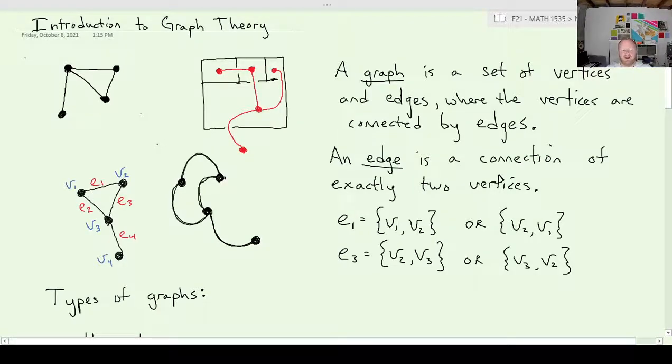So if I look at this graph here, V1 would have a valence of 2 because we've got edge 1 and edge 2 coming out of it. Vertex 3 would have a valence of 1, 2, 3 because we've got 3 edges coming out of it.